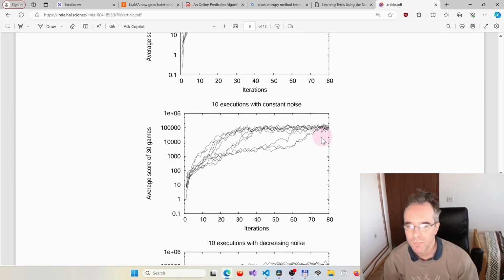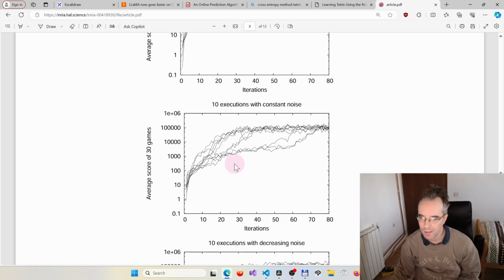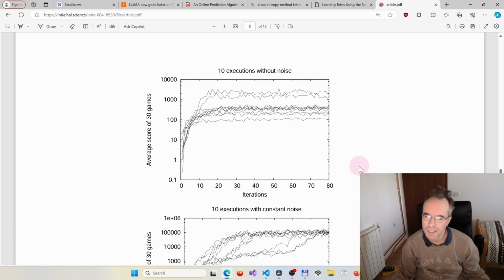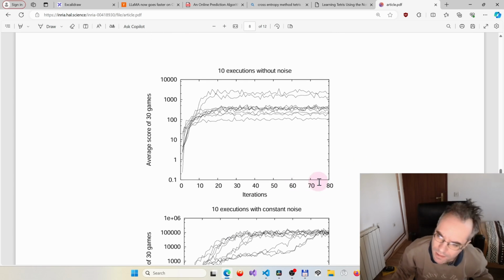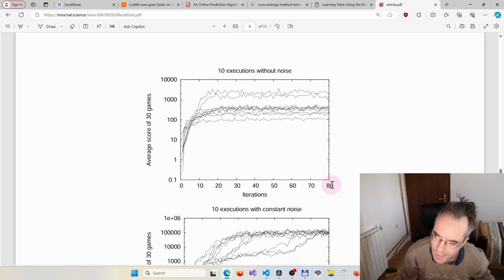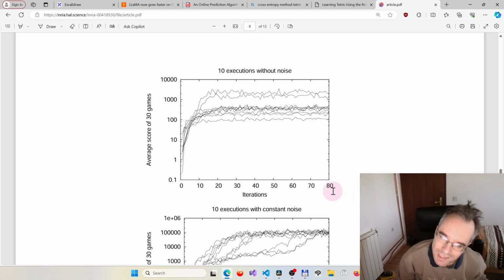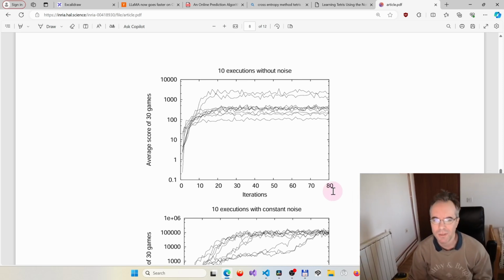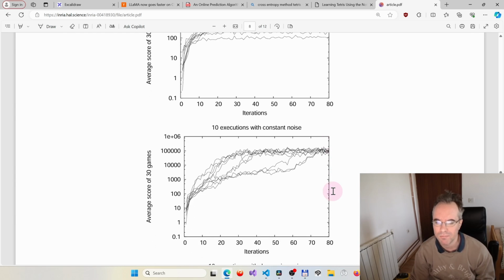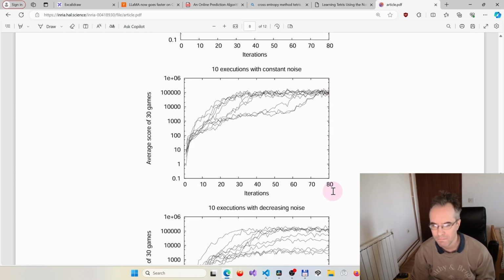But over here, with constant noise, sometimes it converges much more quickly, and sometimes it takes a while. But with constant noise, it always jumps out of the local minima and goes to the maximum. And I'm really surprised. Are these like 80 iterations or 80,000 iterations? If I had to guess, I'd say these were 80,000.